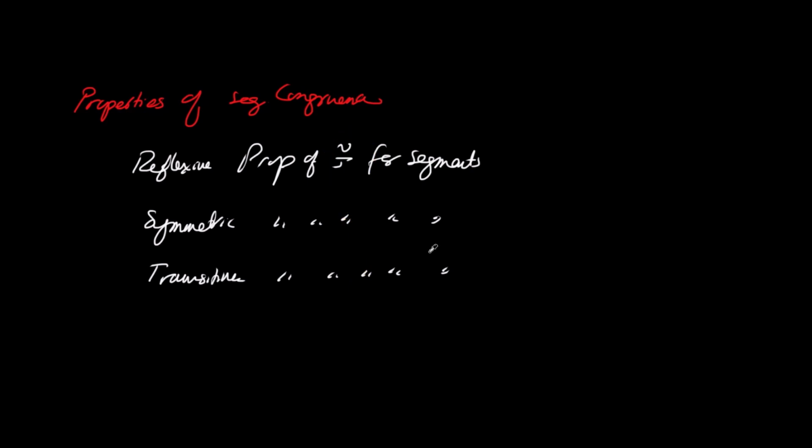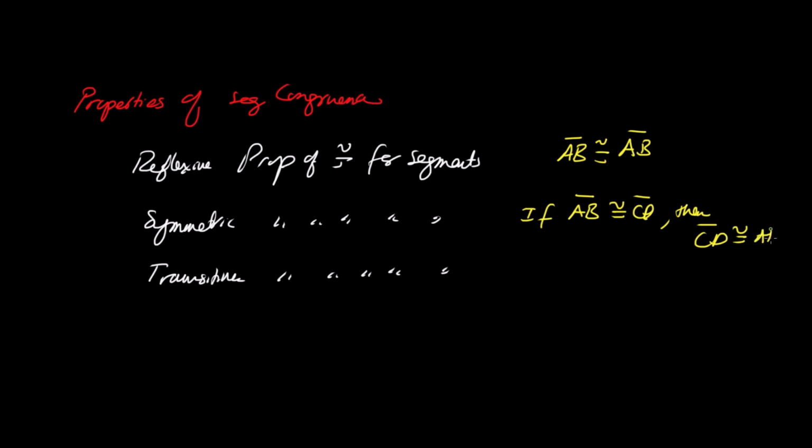So the reflexive property of congruence for segments means that any segment AB is congruent to itself, like this. That's easy enough. And the symmetric property says if AB is congruent to another segment CD, then CD is congruent to AB, like this.